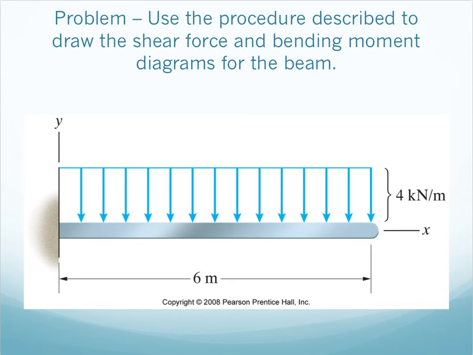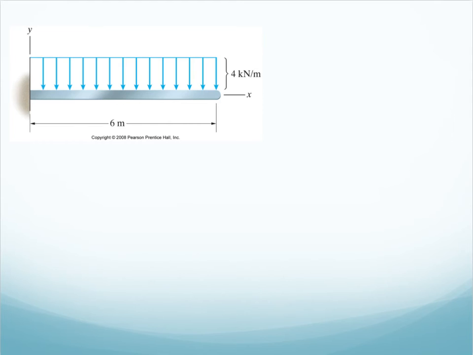So we're going to look at this problem where we have a relatively simple distributed load. It's uniform, nice and constant. So I'm going to go to a smaller picture. We're going to draw or label the forces that are acting here.